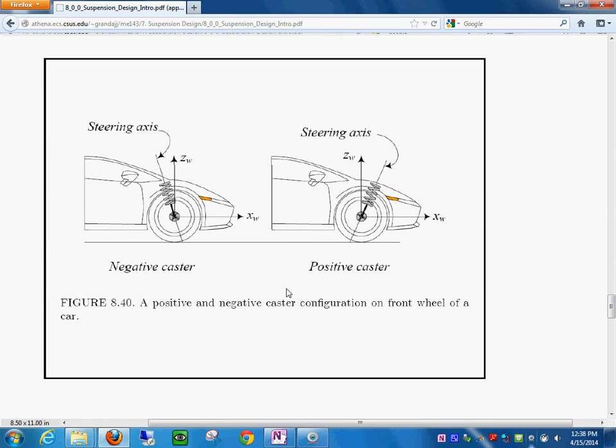So in here, this is the different way that we have the connection of the strut. On the left hand, the strut is to the left of the vertical. It would be a negative caster, which is that position. This would have a positive caster.